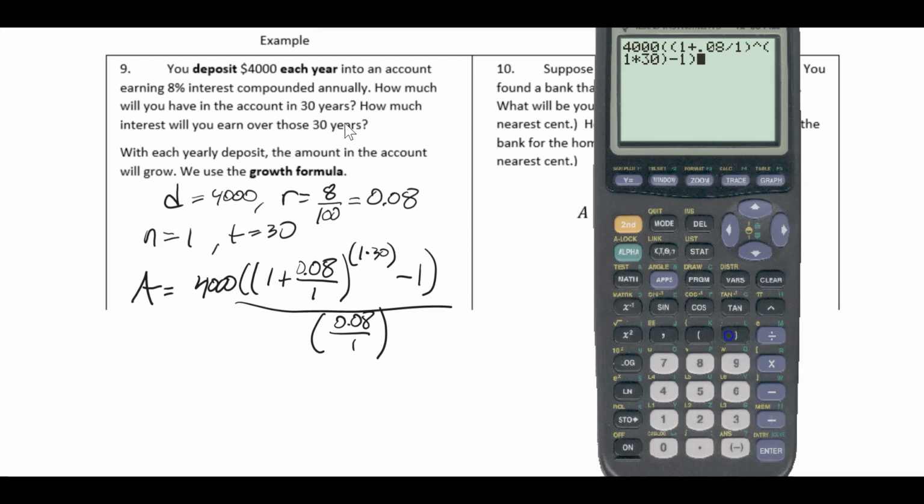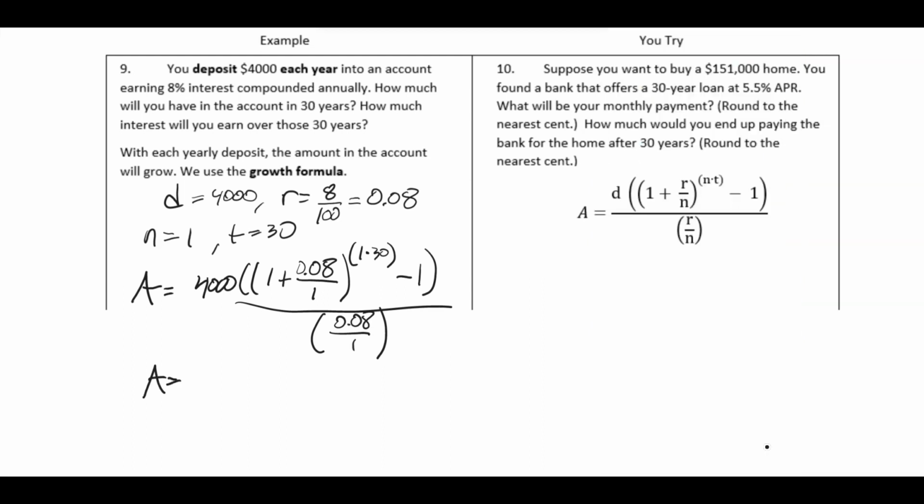Minus 1, close parenthesis, divided by open parenthesis, 0.08 divided by 1, close parenthesis. This should give us the value we have in the bank after 30 years. And we want to round this to the nearest penny. So we have A equals $453,132.84.